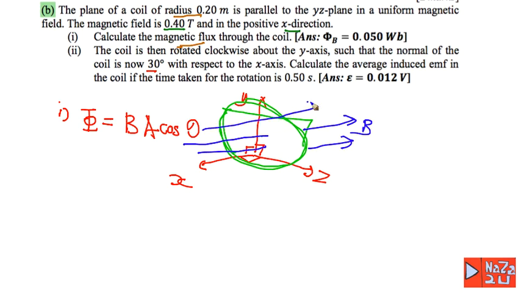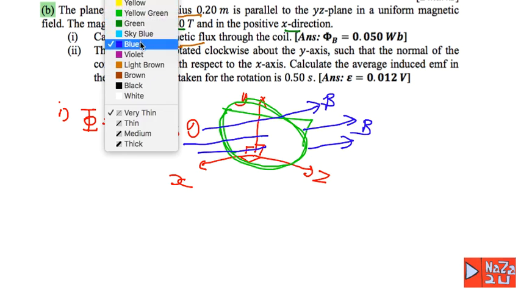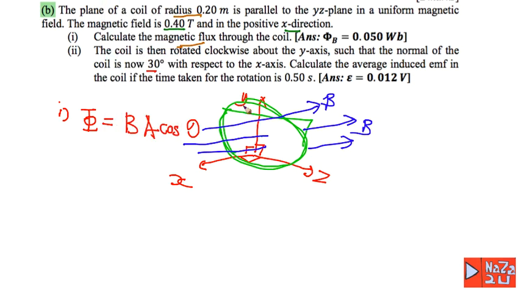Because this is the coil, and the normal here, or the area vector A, and the magnetic field B, the angle theta between B and A is equal to 0 degrees, meaning B and A are parallel. This is the normal to the coil.